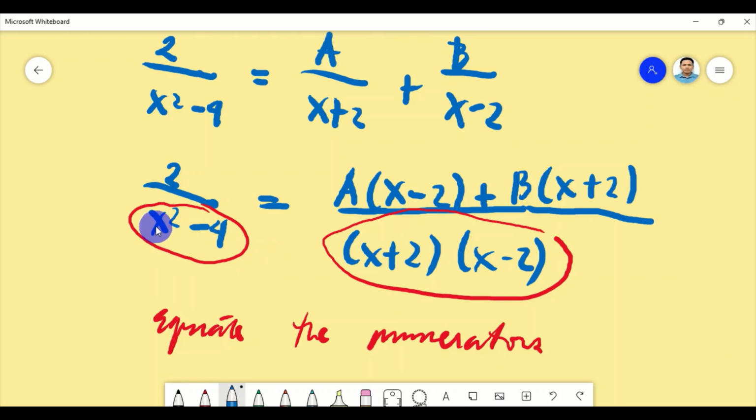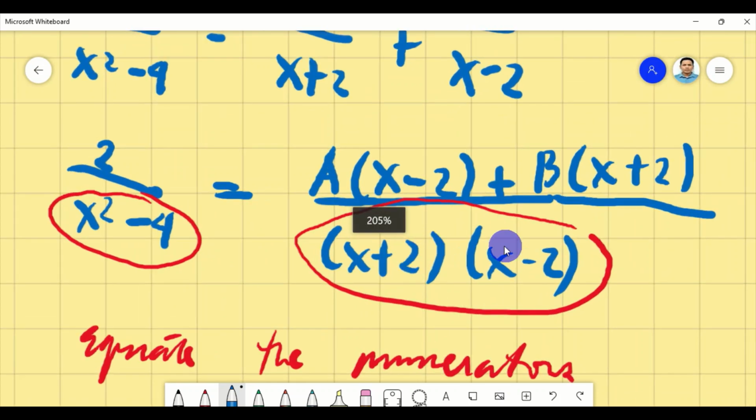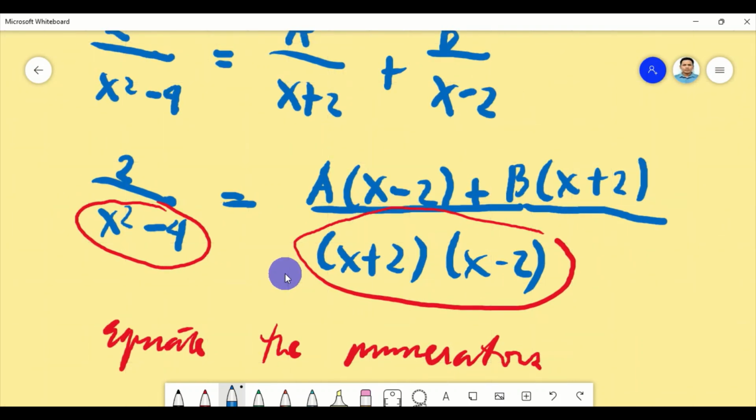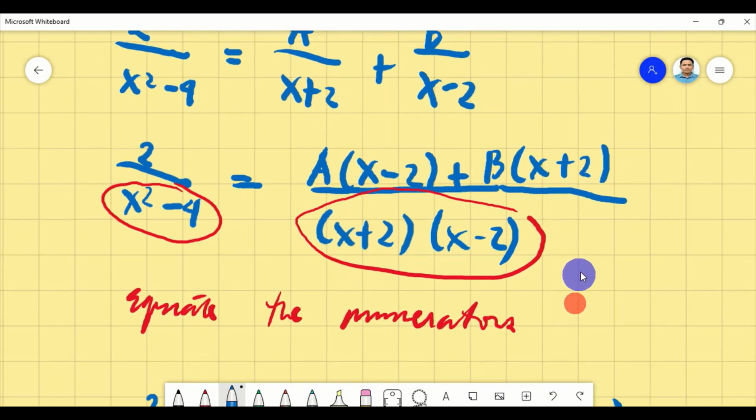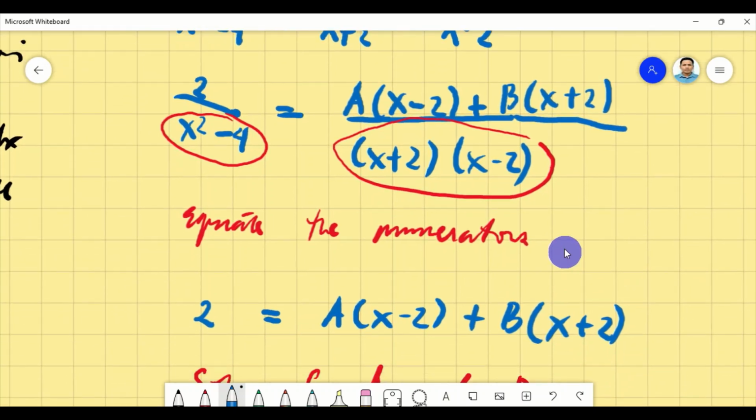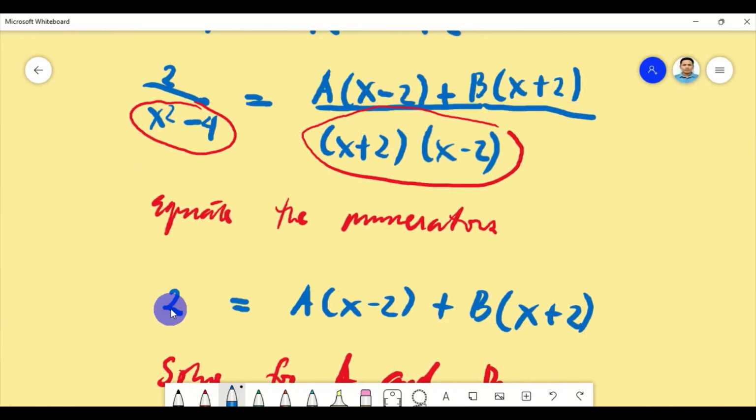Now, the denominators are the same. You have x squared minus 4, and on the other side of the equation, you have x plus 2 times x minus 2. So the next thing that we need to do is to equate the numerators. In this case, you have 2 is equal to a times the quantity x minus 2 plus b times the quantity x plus 2.